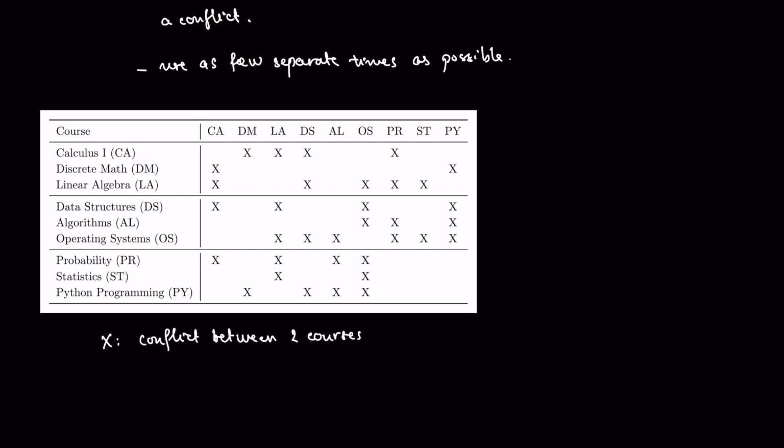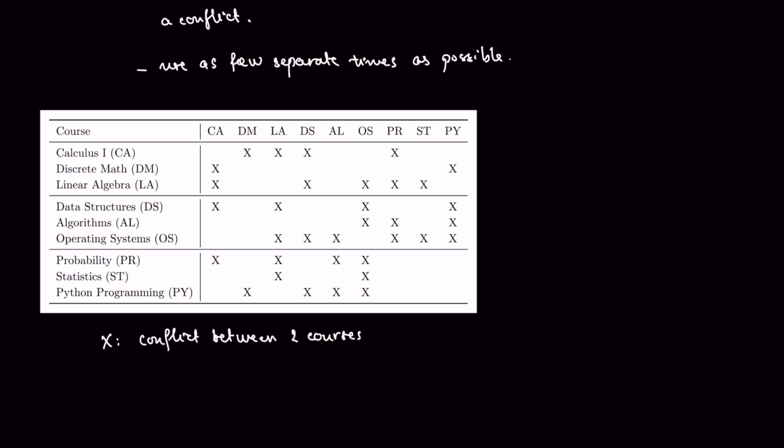There's a conflict between Calculus 1 and Linear Algebra. There's a conflict between Calculus 1 and Data Structure, and so on and so forth. And again, what we try to do is avoid these conflicts, and we want to minimize the time we use to schedule these courses.